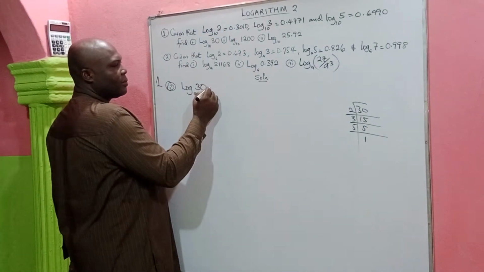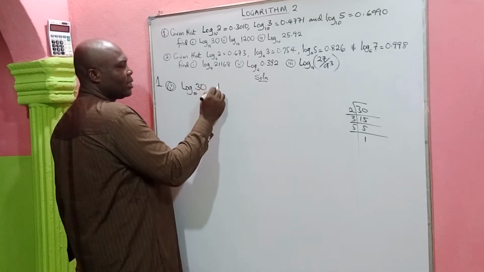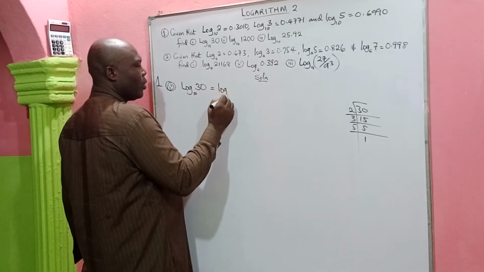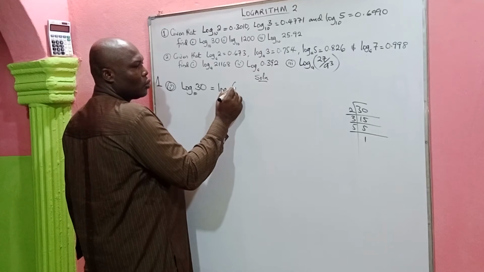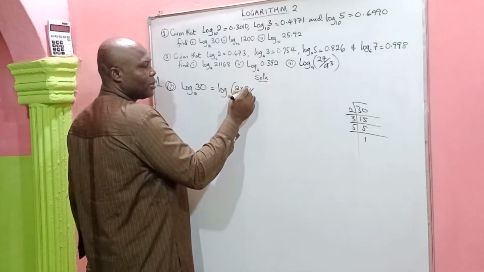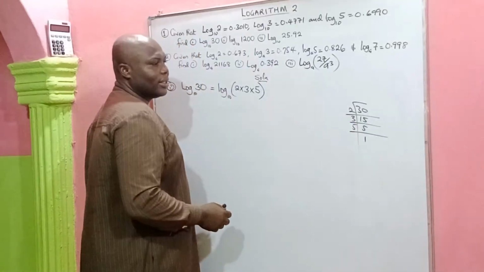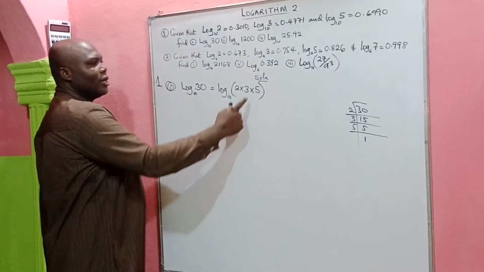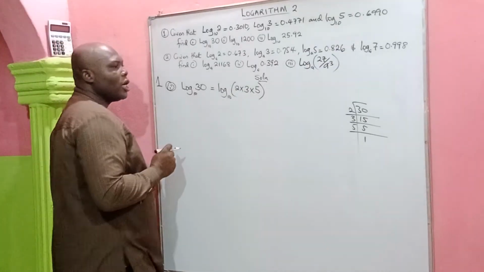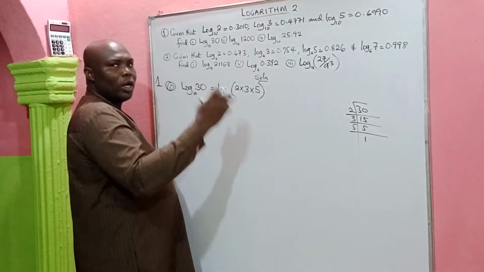It therefore means that log 30 to base 10 is the same as log of 2 times 3 times 5, which is the LCM of 30. 2 times 3 is 6, 6 times 5 is 30. That's what we have. So at this point, we are going to apply the first law to expand it.